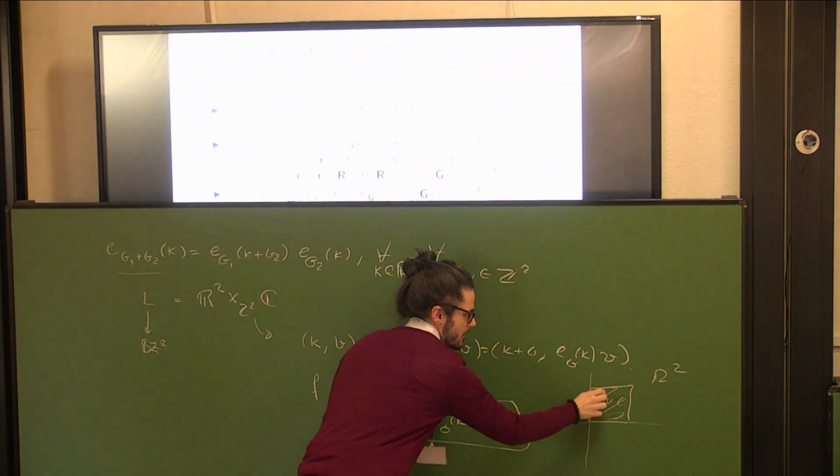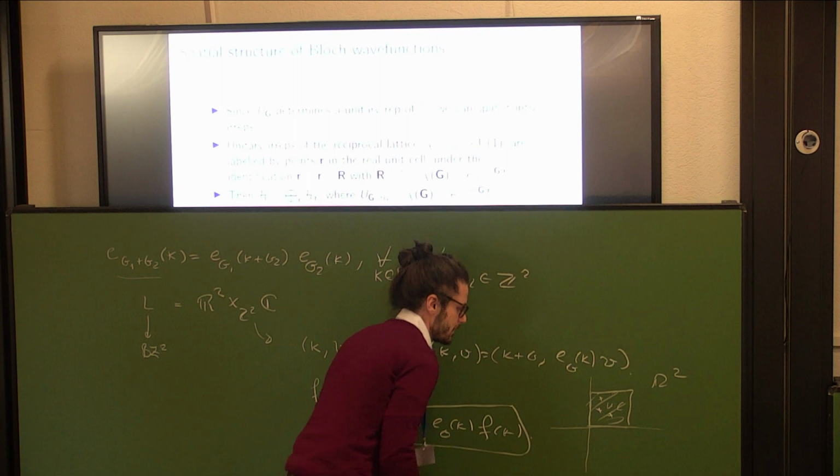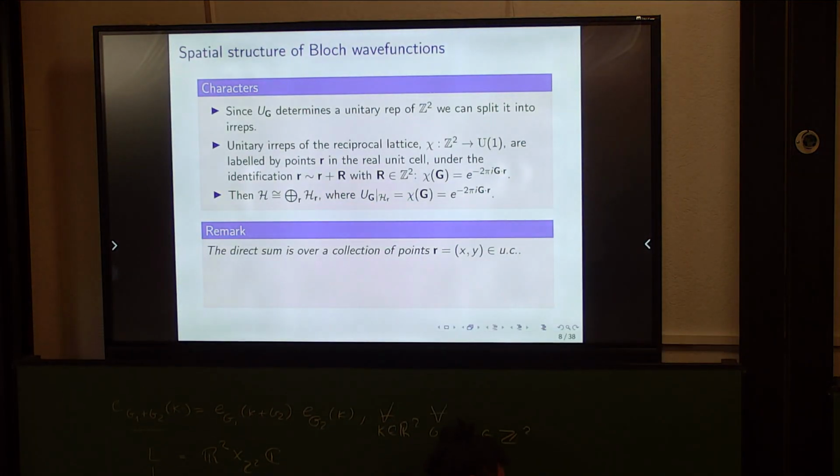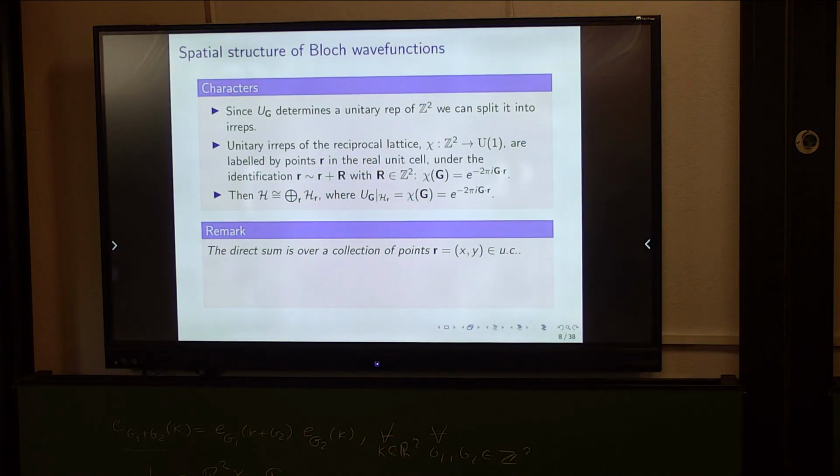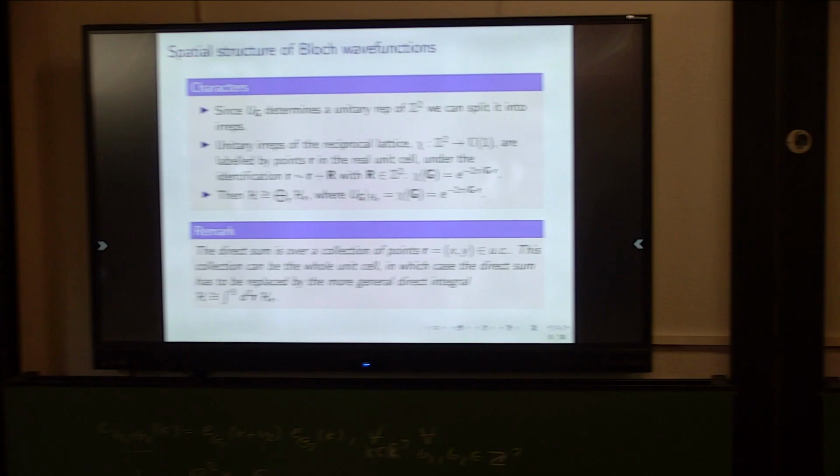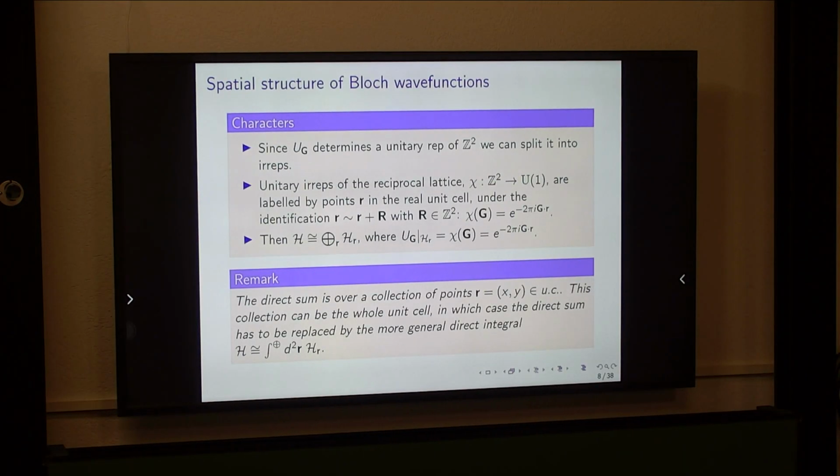So you choose, there are some points here that appear depending on how many irreps appear. And this collection can be the whole unit cell, and in that case the direct sum has to be replaced by a more general direct integral. This is a bit of a formality, but it's important. Continue.